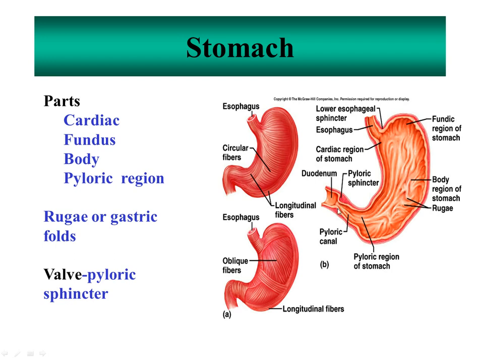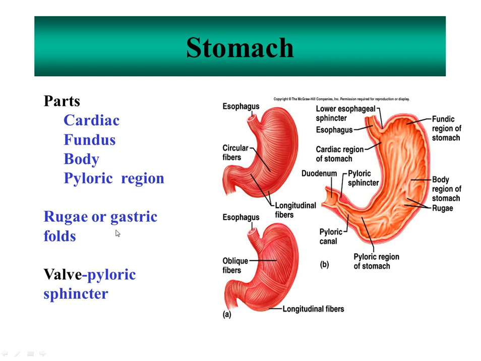Constriction would be closing it off, and dilation opening it up. So we've seen sphincter muscles before, and this would be the pyloric sphincter leading into the duodenum. Okay, so know these parts of the stomach.